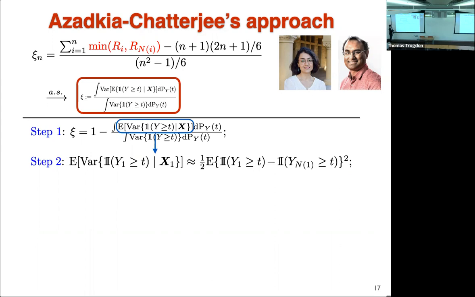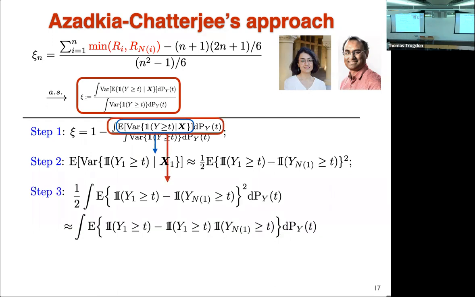Why? Because what is yn1? This random variable is nearly identically distributed as y1 conditioning on x1, because of the smoothness in the space. These two are really like i.i.d. copies. Once you have that intuition, you check the denominator, you get this equation. It is approximately true.